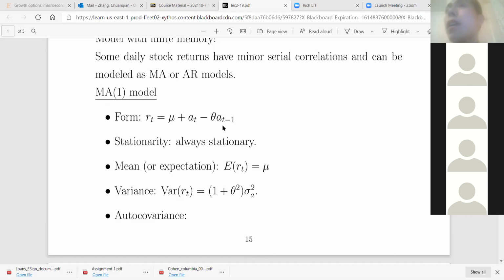For example, the information the stock market received yesterday will definitely impact today's performance, but the weight ratio will decay. And you can think of including a_(t-2), a_(t-4). That means I include all the information shocks in the previous days, but you need to assign a weight ratio, because we're pretty sure the further behind, the less influential the information will be on future forecasting. So this is the intuition behind the moving average.